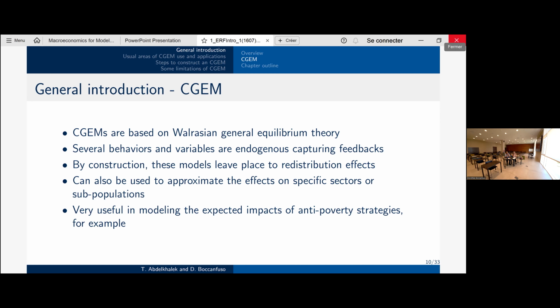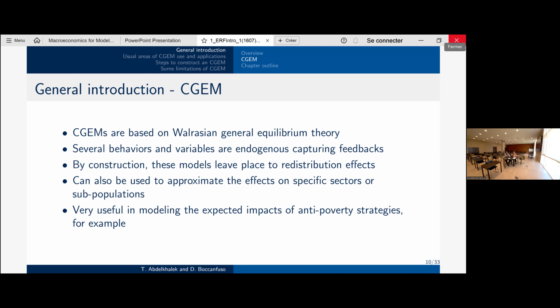So by construction, this model allows for redistribution effects between agents, particularly between households, and also between activities. It can also be used to approximate the effect on a specific sector or subpopulation. If we have to model urban households, rural households, or other stratifications of the population, the CGE model can answer any question in this situation.